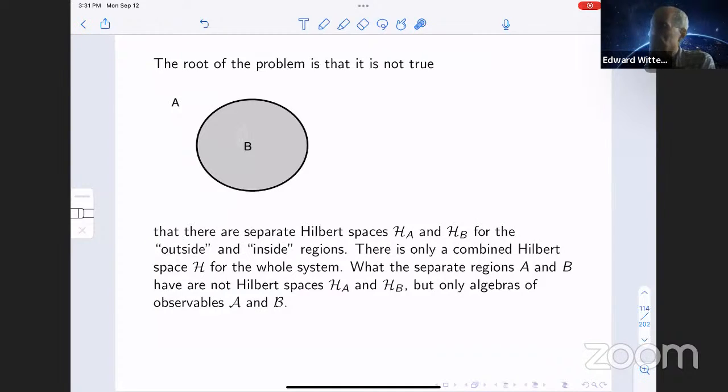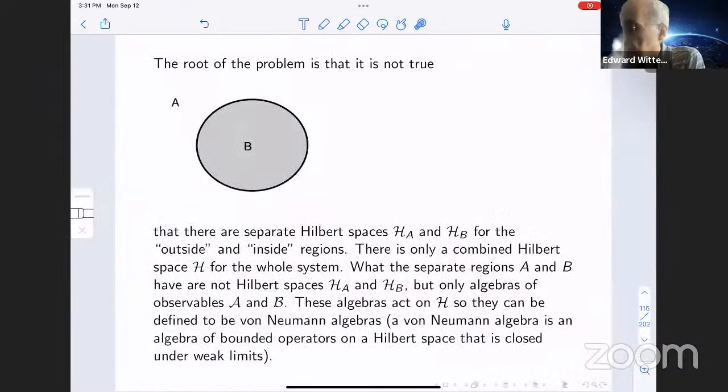What the separate regions A and B have are not Hilbert spaces HA and HB, but only algebras of observables, curly A and curly B. These algebras act on H, so they can be defined to be von Neumann algebras. A von Neumann algebra is just an algebra of operators on a Hilbert space, closed under weak limits. So simply because the algebras in region A or region B act on the Hilbert space of the whole system, we can regard them as von Neumann algebras.